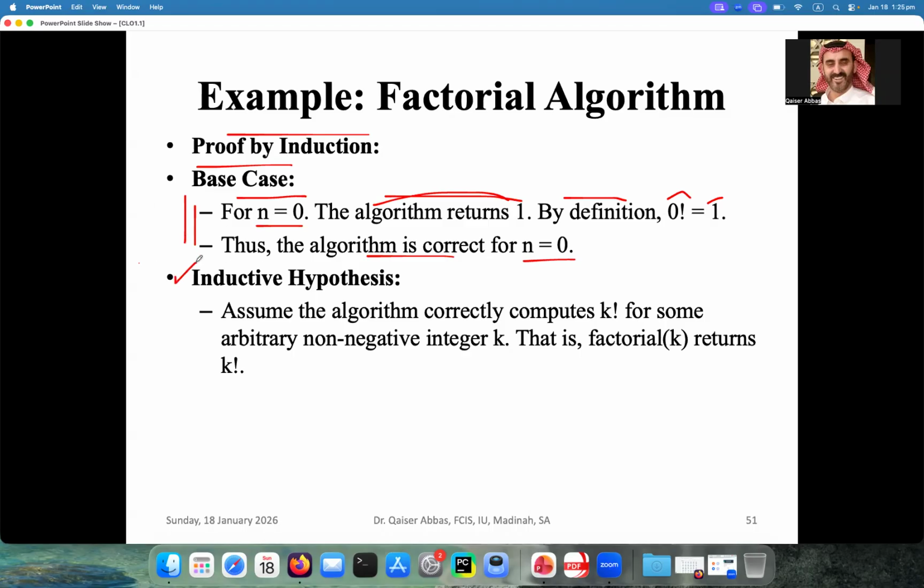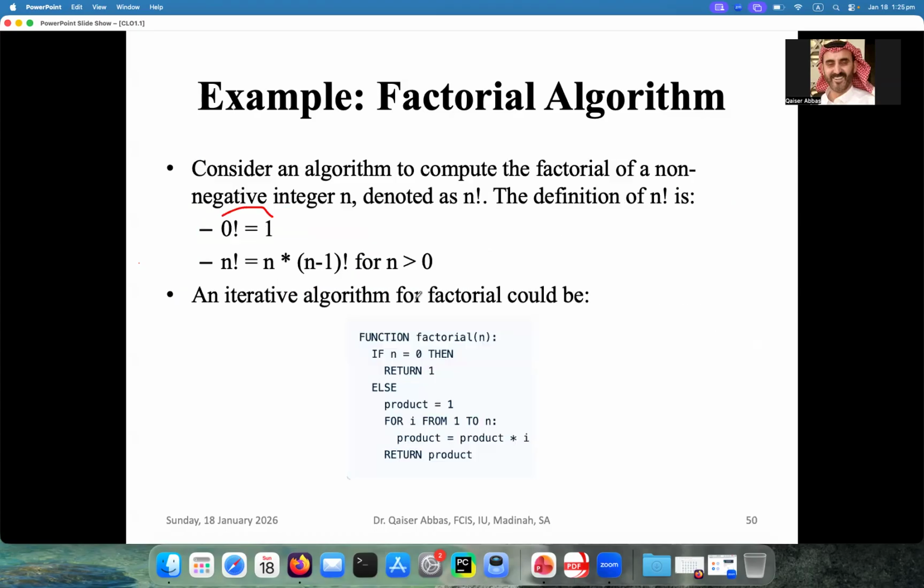Now this step number 2 is the inductive hypothesis. Here we are assuming, and you can write the word assume or suppose or whatever. Here we are assuming that this algorithm will calculate the factorial for some arbitrary number k correctly.